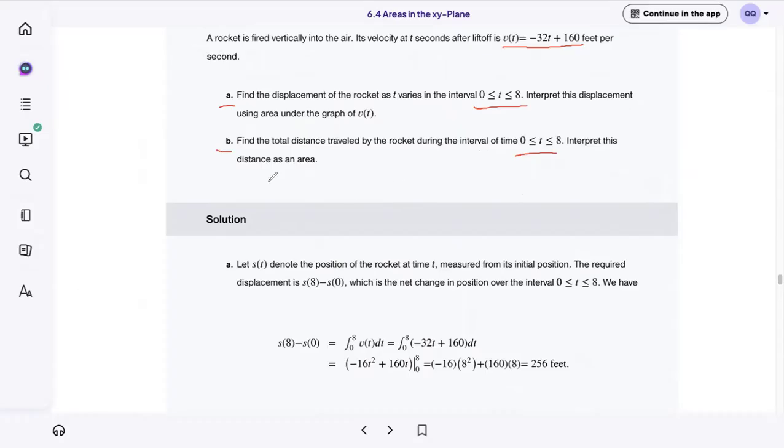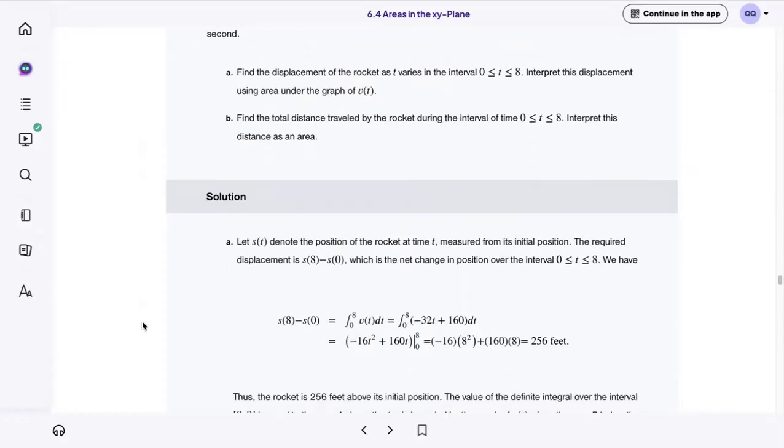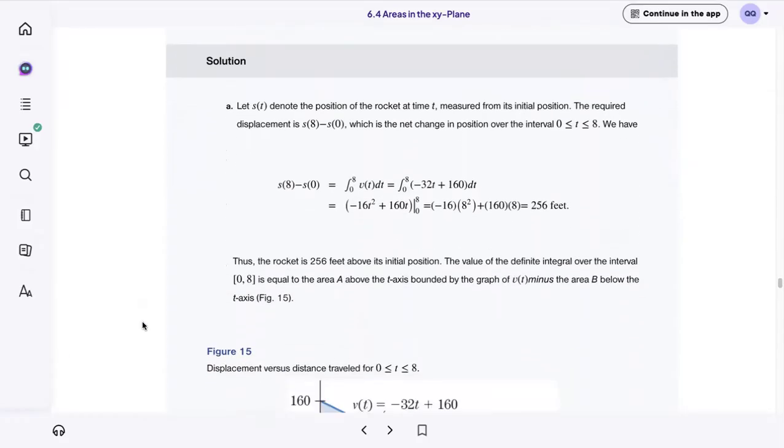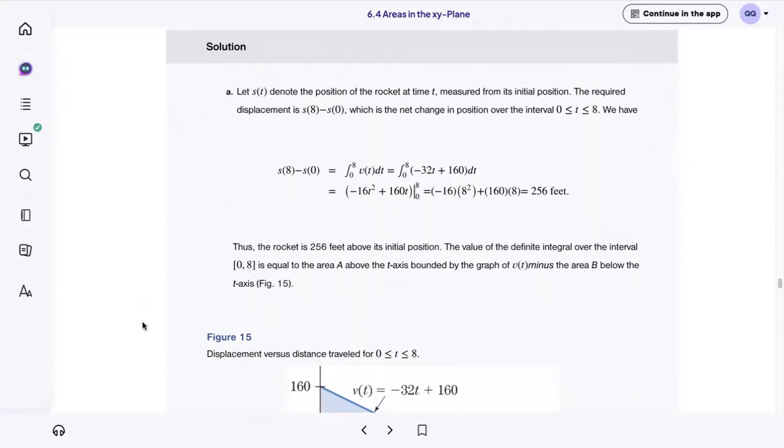All right, so for this, I'm going to just follow the textbook. So we need to find the displacement function, which is the integration of the velocity. Right? So we need to find S of t. S of t is just the integration of v of t, to anti-differentiate v of t.